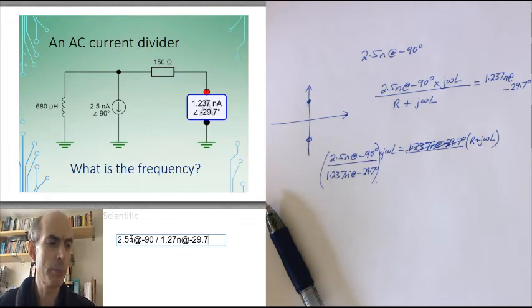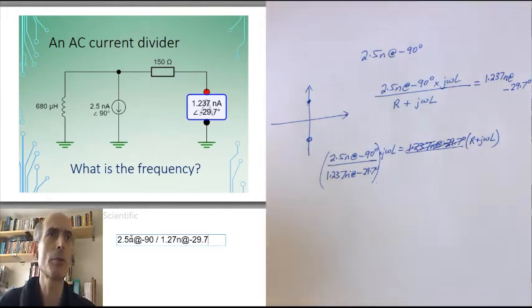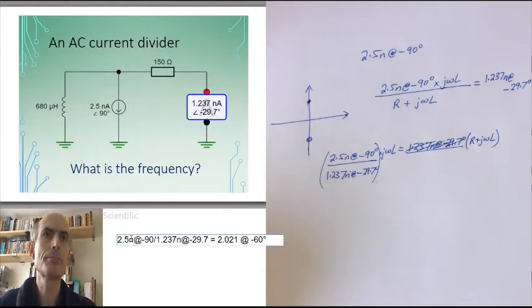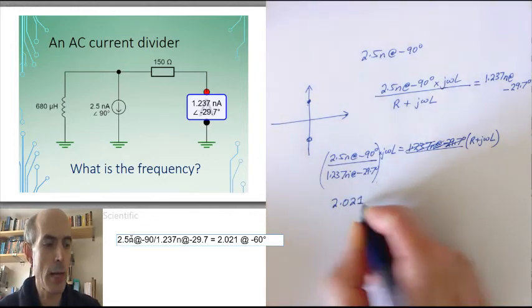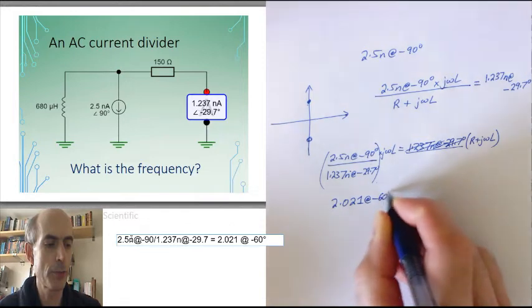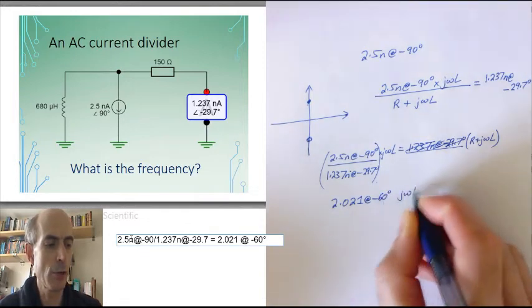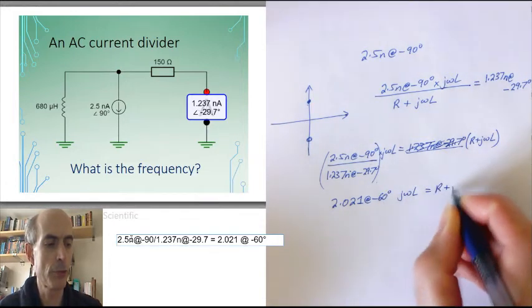Didn't really need to type in the nanos, they cancel out, but the result is... Ooh, I missed the 3. 2.021 at minus 60 degrees.